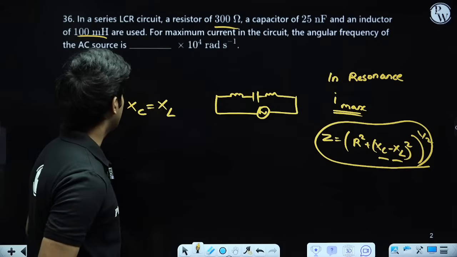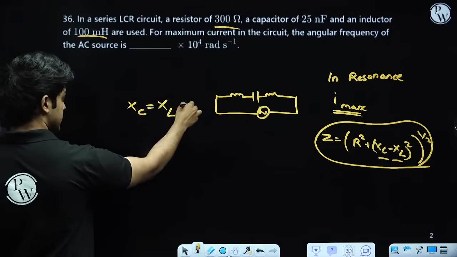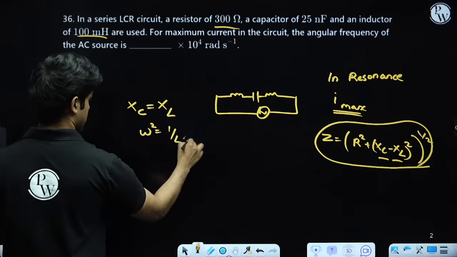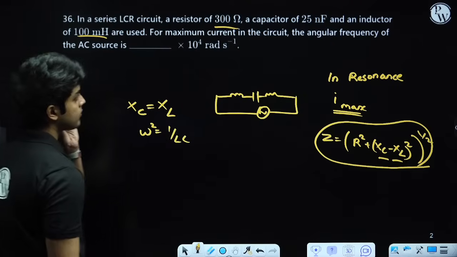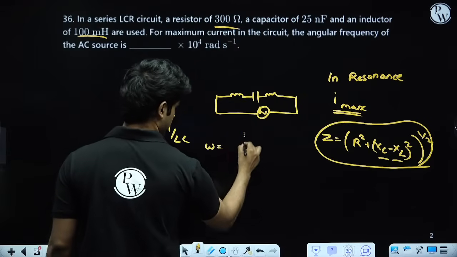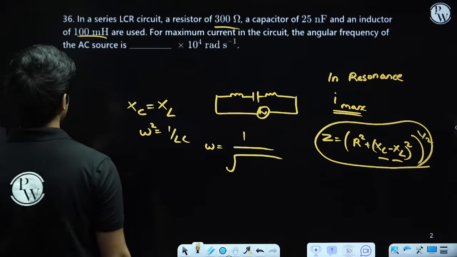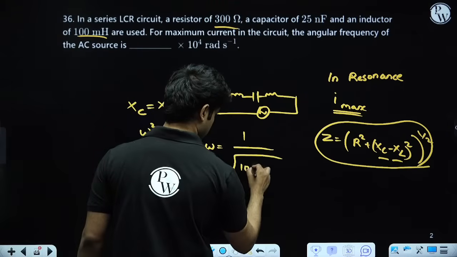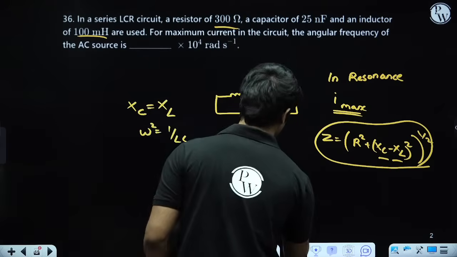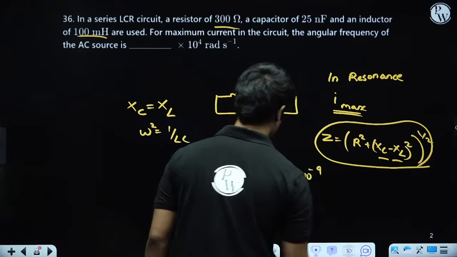Okay, so now it's just formula substitution. XC is 1 by C omega, XL is L omega. So omega square equals 1 by LC. Resonance frequency omega is what we have to find. It is 1 by square root of L into C. L is 100 millihenry. C is 25 nanofarad, which is 10 to the power minus 9.